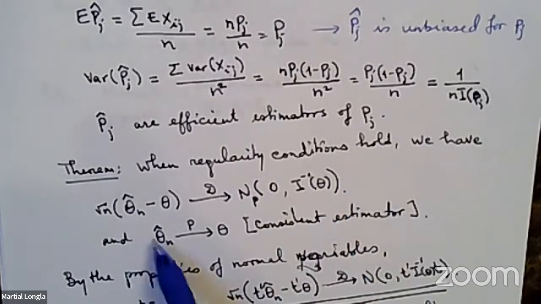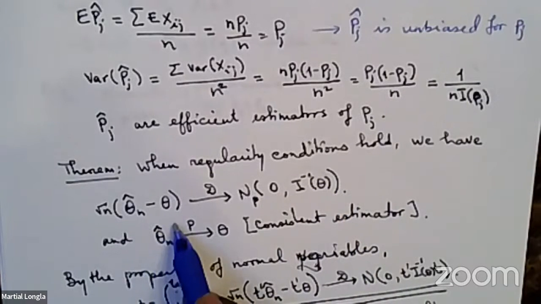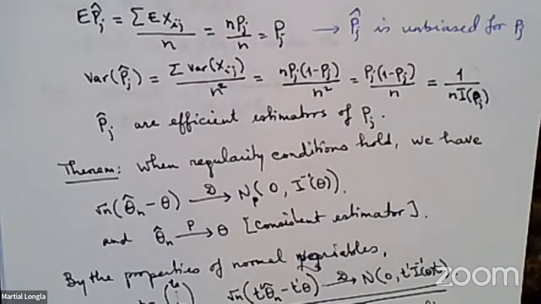And this means that the probability that the absolute value of this minus theta is larger than epsilon, for any epsilon, converges to 0. Okay.